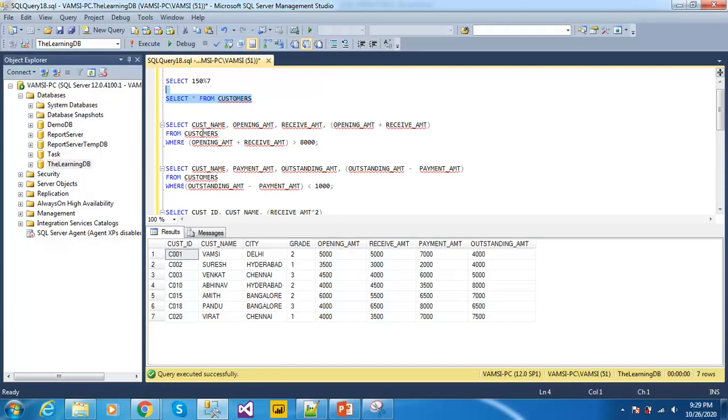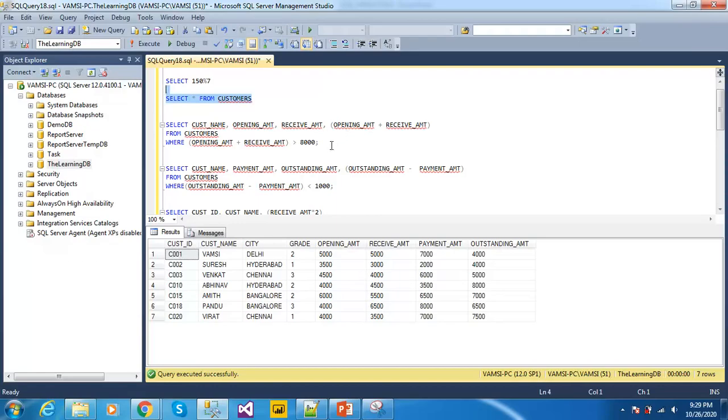Let us see. I have selected the columns customer name, opening amount, receive amount, and opening plus receive amount from the table customers, where the opening amount plus receive amount is greater than 8,000. I have taken an addition arithmetic operation here.